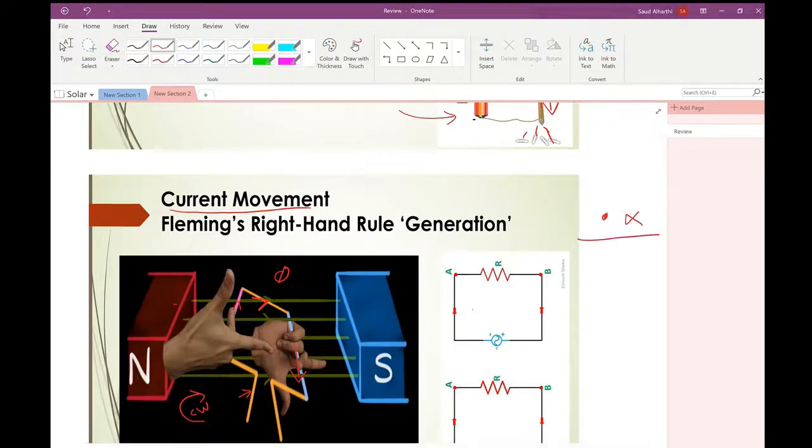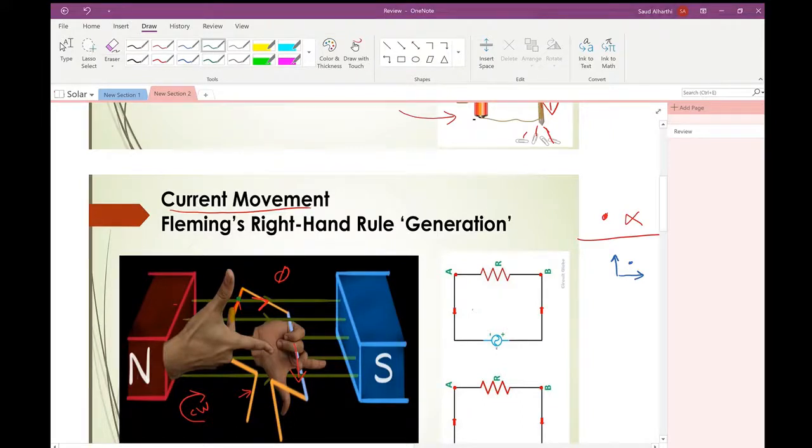So, according to Fleming's right hand rule, if we have a flux going to the left and rotation going up, the current movement will be in. So in the pink wire here, the current movement will be in.